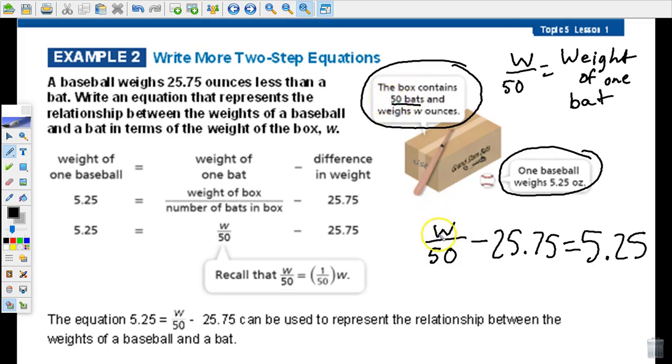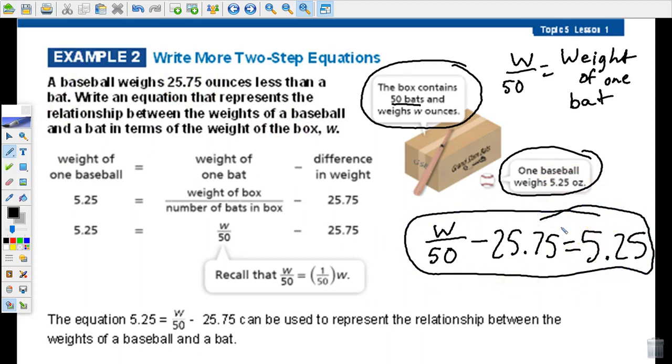So W divided by 50 gives me the weight of one bat. Then we subtract, because it says 25.75 ounces less than a bat. So we subtract 25.75, and that will equal the weight of one baseball, which is 5.25 ounces. And that is how we get this equation.